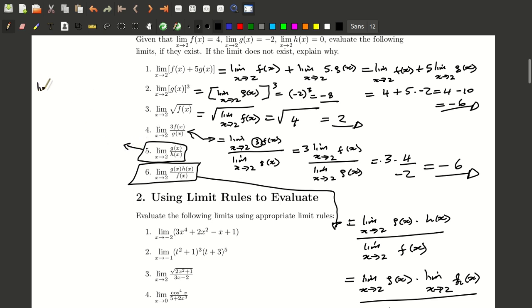Let's talk about number 5 now. I want us to look at the limit as x approaches 2 of g of x divided by h of x. Now, let's say here we're going to split the limit as x approaches 2 of g of x. Suppose we did this and we ended up with the limit as x approaches 2 of h of x.